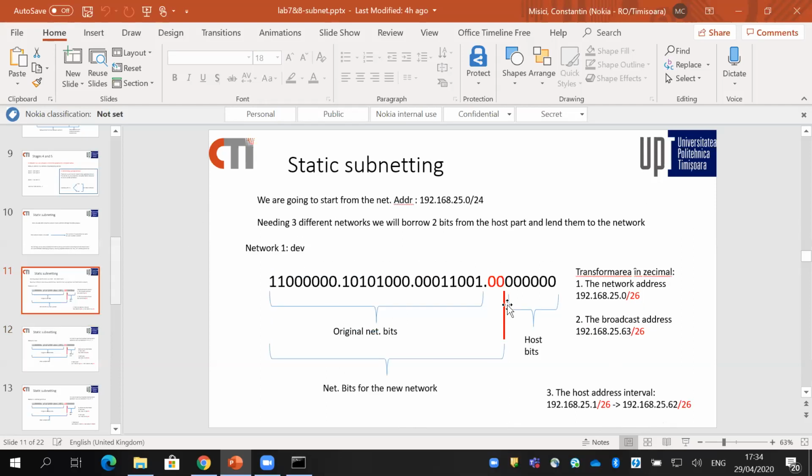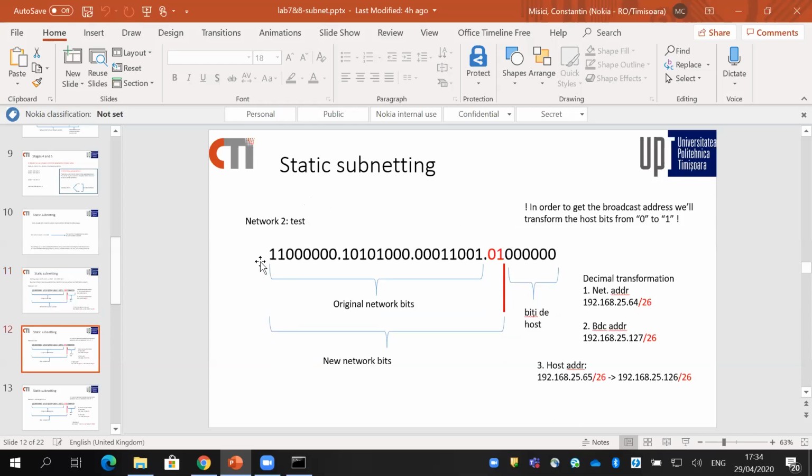Now, if we took 2 bits, the first order that we'll have to put them in is 0, 0. What's the next one? 0, 1. So we take the test network and we add the 0 and the 1.